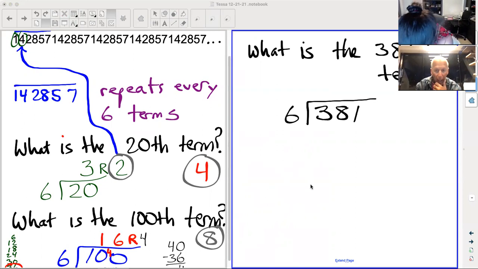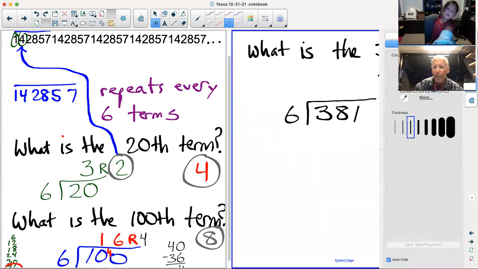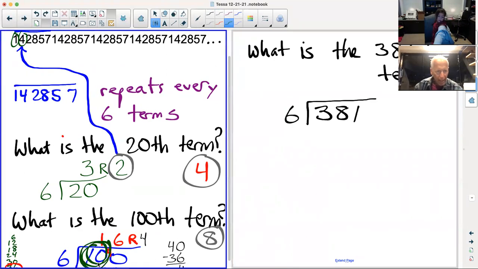Oh, okay. Well, Tessa, what did you do when we did 100 divided by 6? What did you do first? 6 goes into what? Come on, Tessa, what did we do first? We said 6 went into what? Once. Come on, but into what number, Tessa?